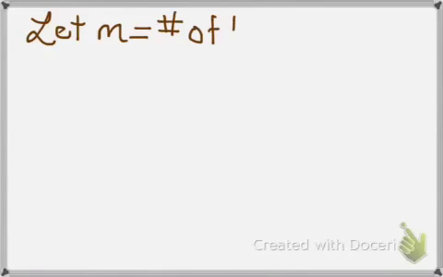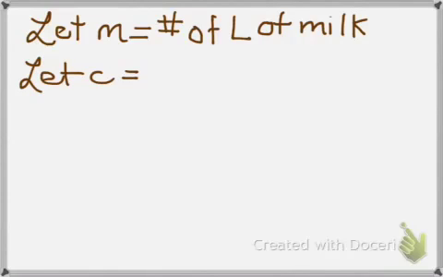So as we said in class, I'm going to start with declaring what our variables are going to be. So I'm going to say we're working with milk and we're working with cream. So let M equal the number of liters of milk and we're going to let C equal the number of liters of cream.